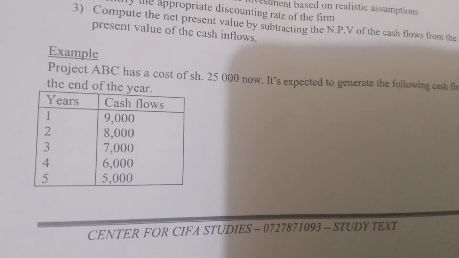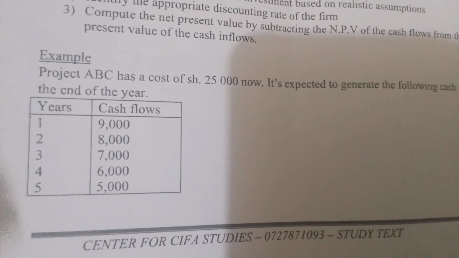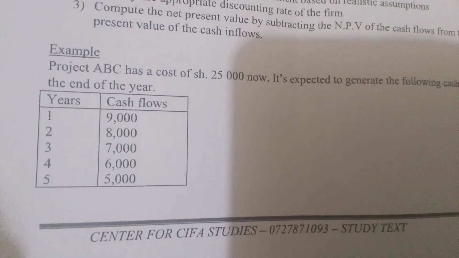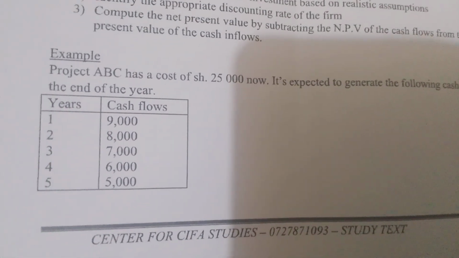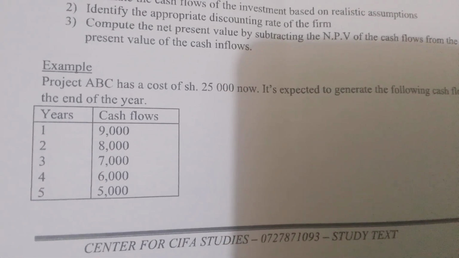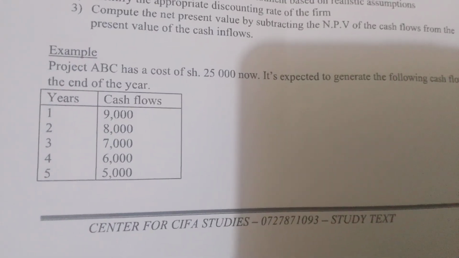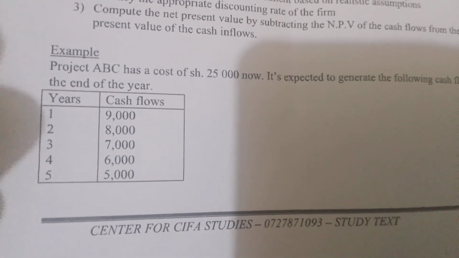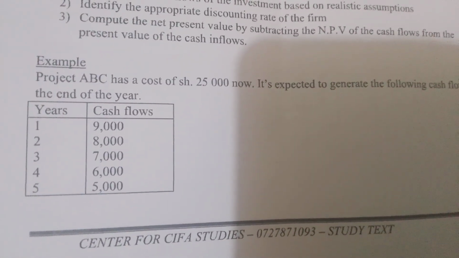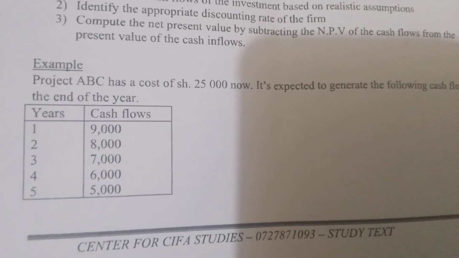Now, realizing that these cash flows are futuristic, they are probabilistic. We are not sure whether in the second year we will receive 8,000 shillings. We are not sure whether in the third year we will receive 7,000 shillings.